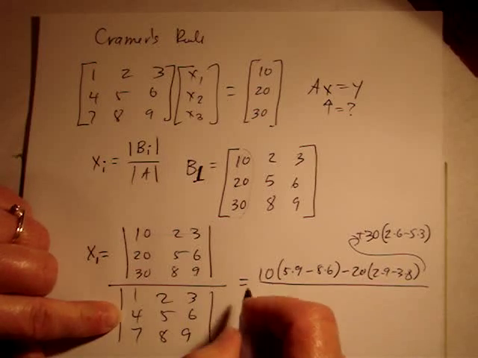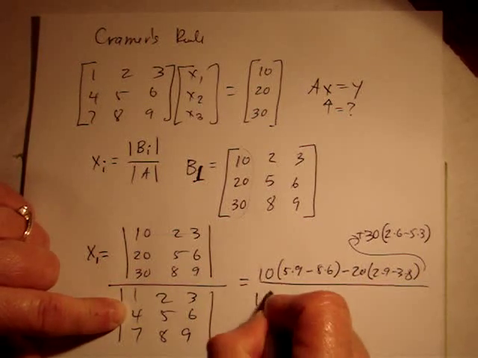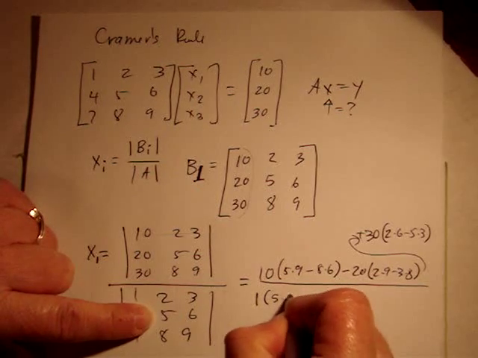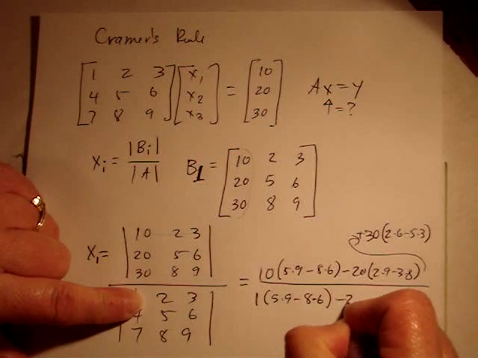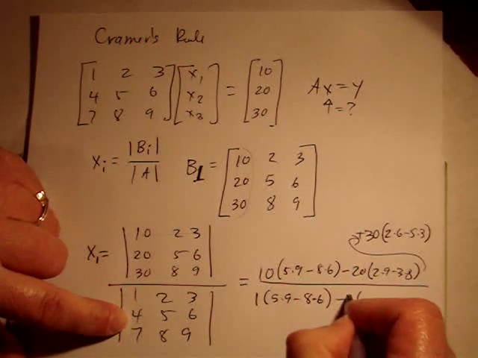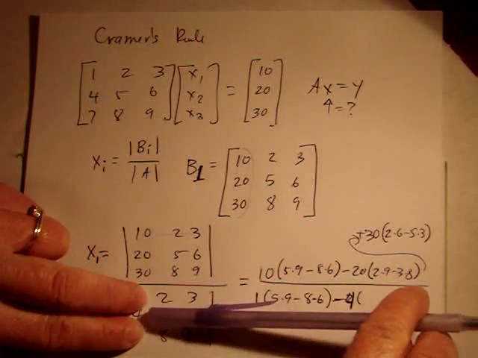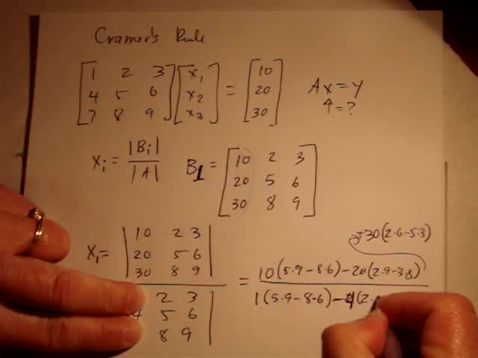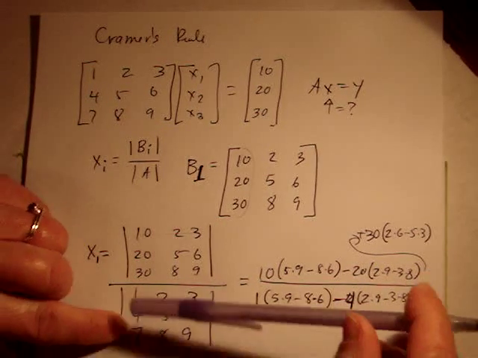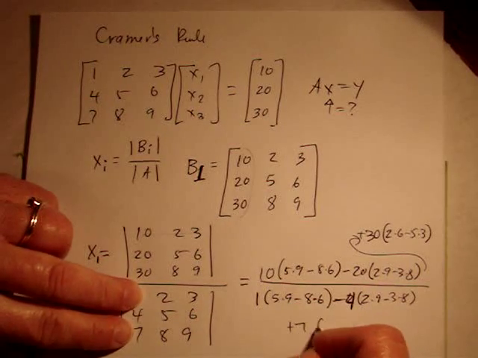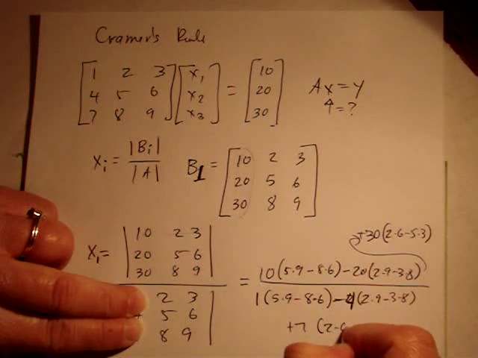Similar process for down below. We'll take the first column again: 1 times 5 times 9 minus 8 times 6, minus 4 times 2 times 9 minus 3 times 8, and then plus 7 times what's left over, 2 times 6 minus 3 times 5.